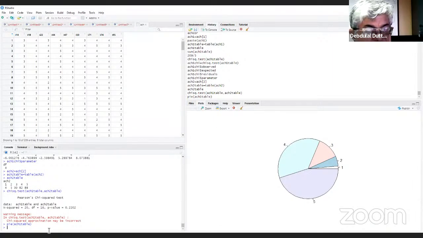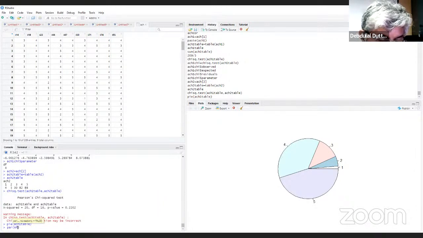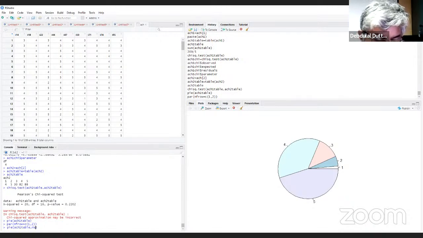And if you want to compare the two data, then you can write down par. Is it clear to all of you?